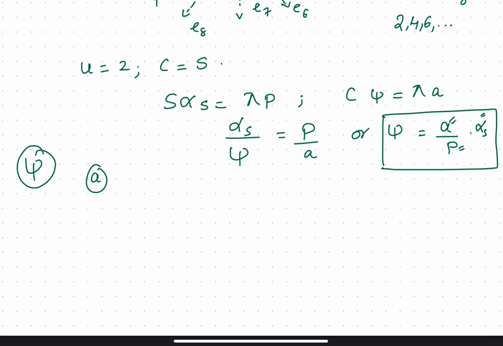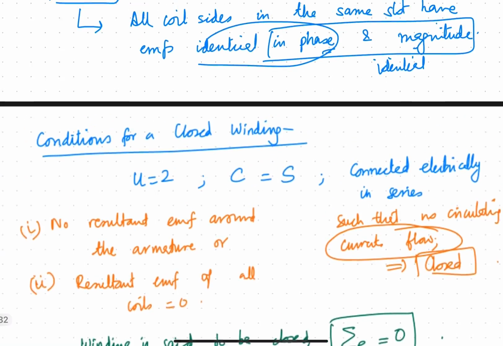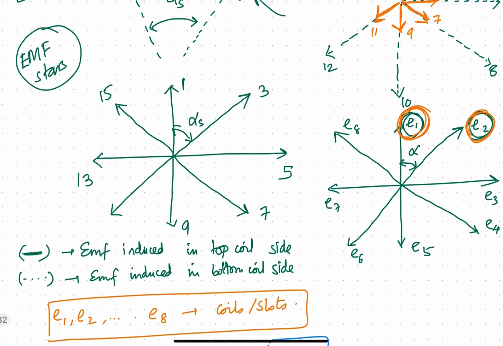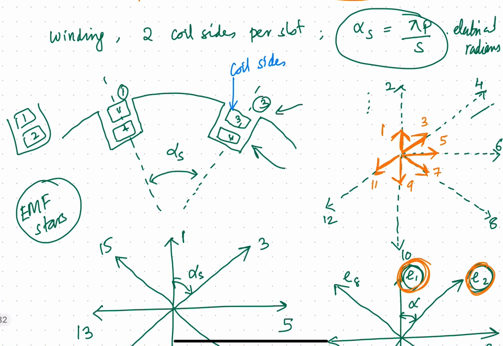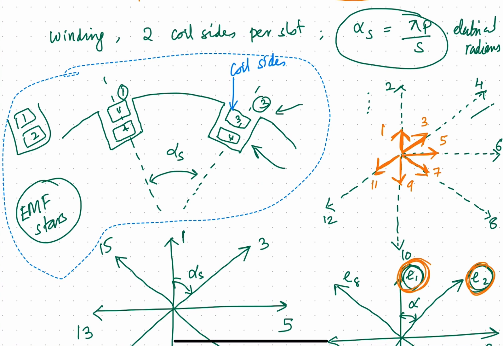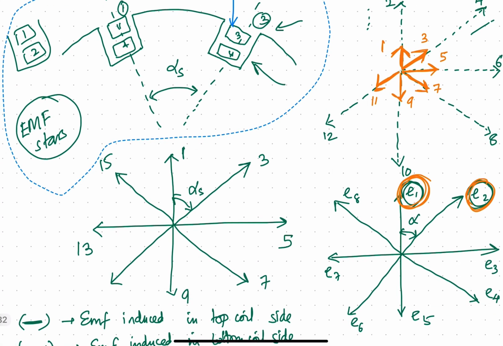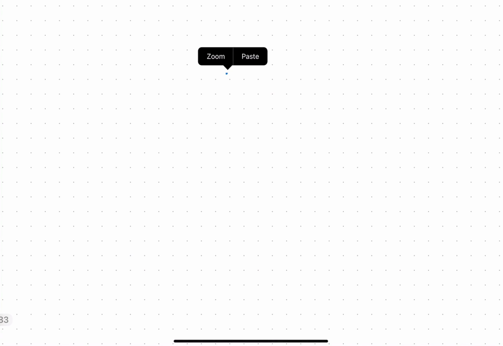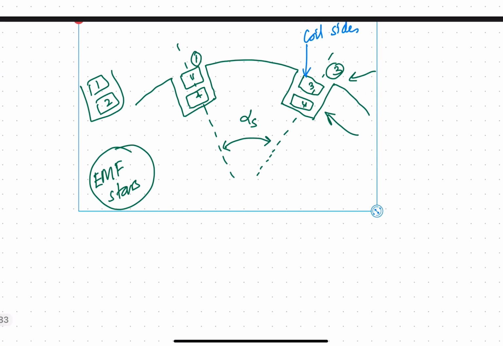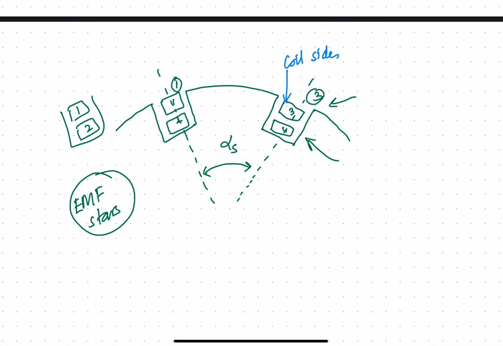Okay, all right. So in case of this winding, this is the winding diagram when you have two coil sides in one slot. I forgot to mention it there. I actually had to show you a situation where we would have four coil sides per slot as well.